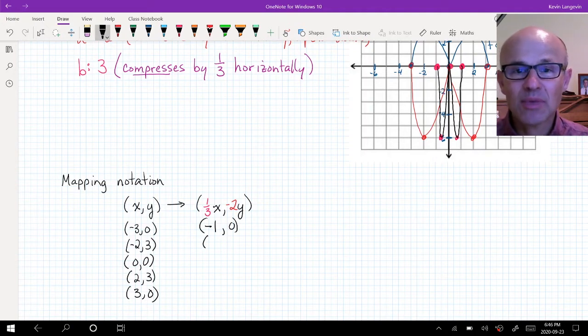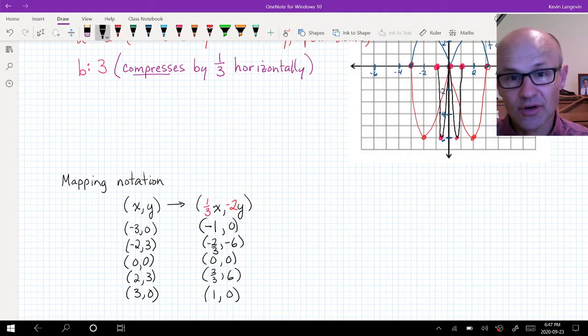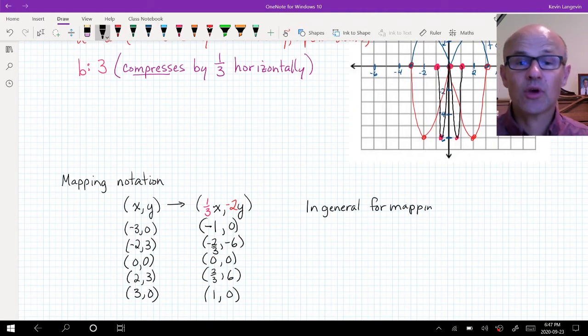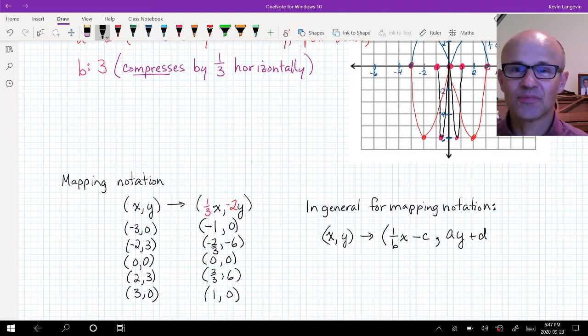It ends up giving me the following points. I'm literally just multiplying the original x by a third, the original y by -2. And I end up with all 5 of the dots that I had on my purple curve that I drew just above. I think it's hidden by my face right now.